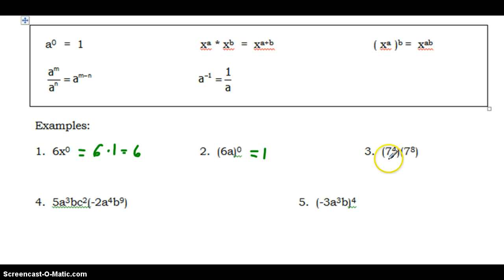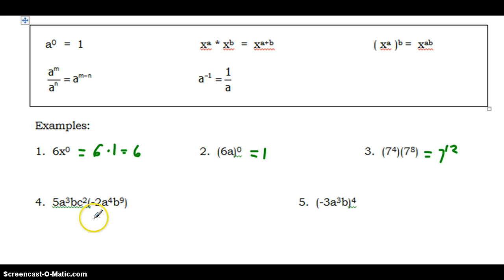We have the same base of 7, so we will add our exponents. So 7 to the 4th power times 7 to the 8th power would be equal to 7 to the 12th power. Feel free to stop the video and check that. Go ahead and multiply this out and make sure it equals 7 to the 12th power.